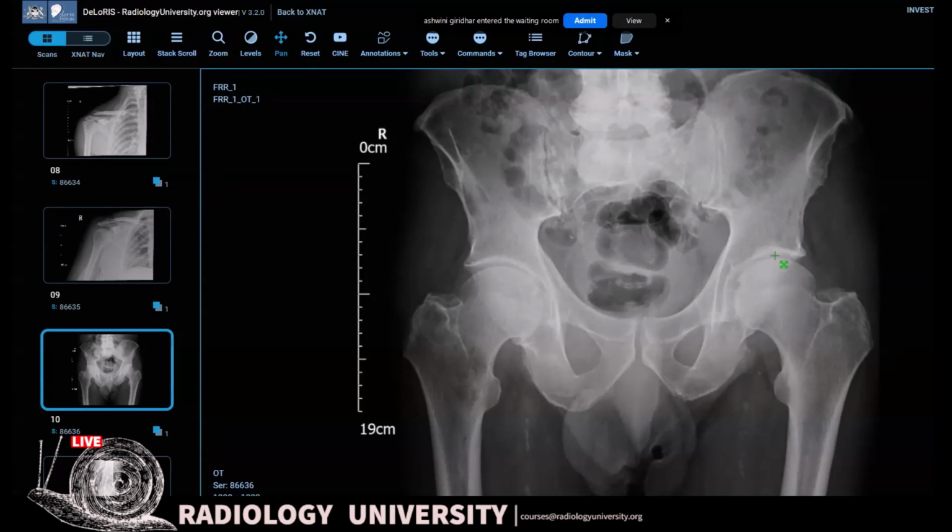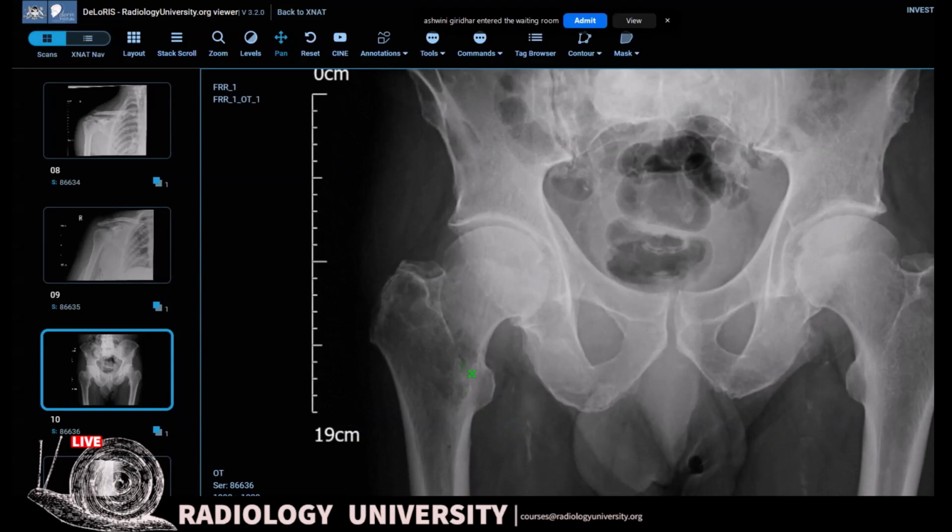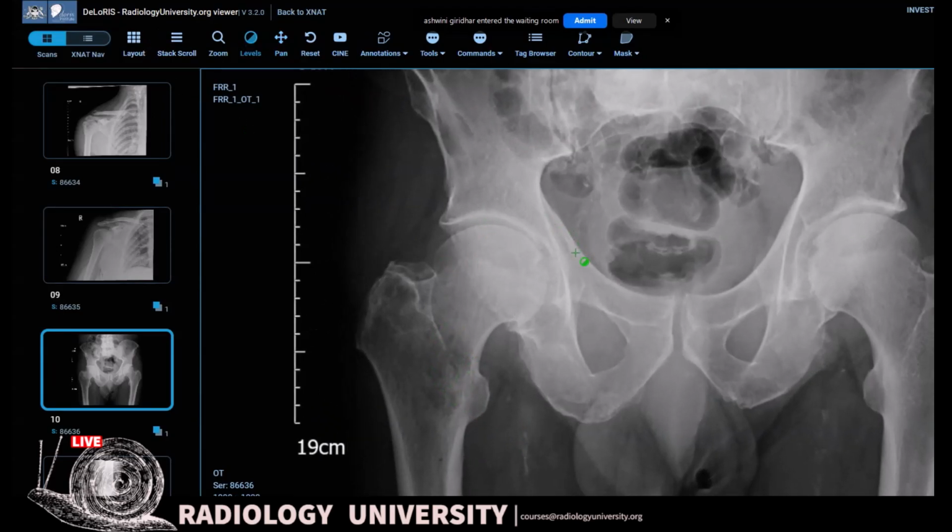This is a frontal radiograph of the pelvis. I noticed there's an ill-defined wide transitional zone radiolucent lesion over the right proximal femur. There's no associated cortical break. No calcification noted. There's no adjacent soft tissue mass.